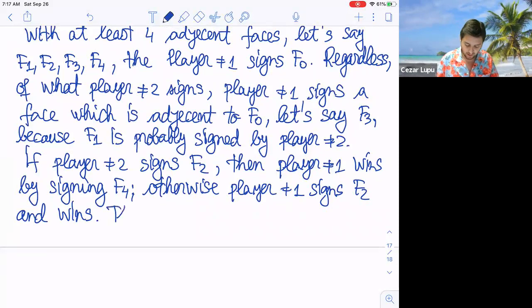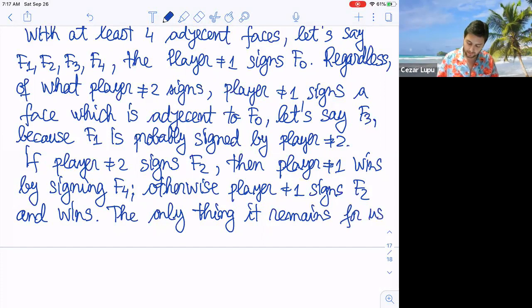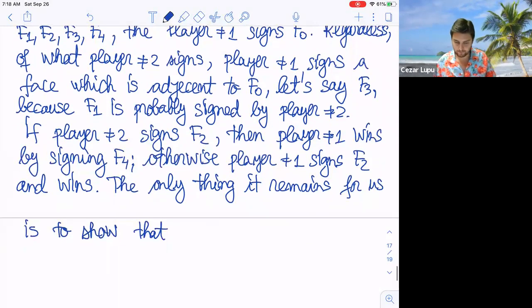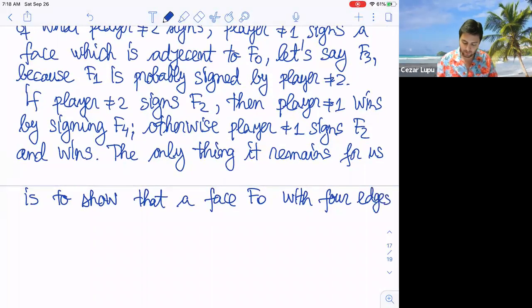So the only thing it remains for us is to show that a face, let's say F0, with 4 edges exists.